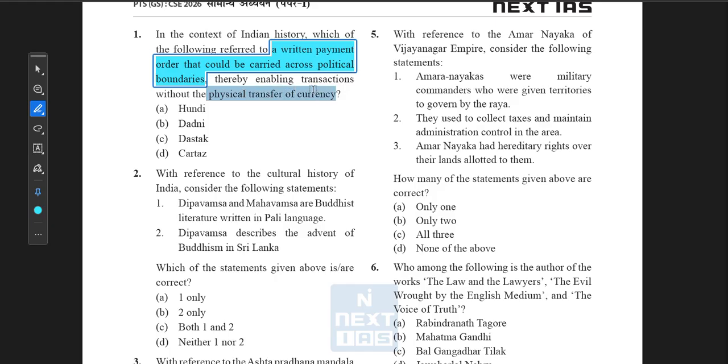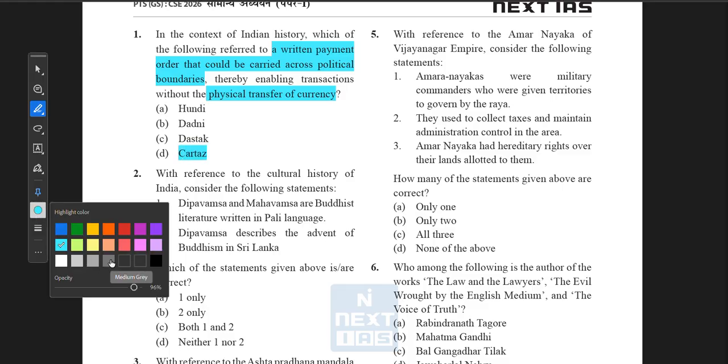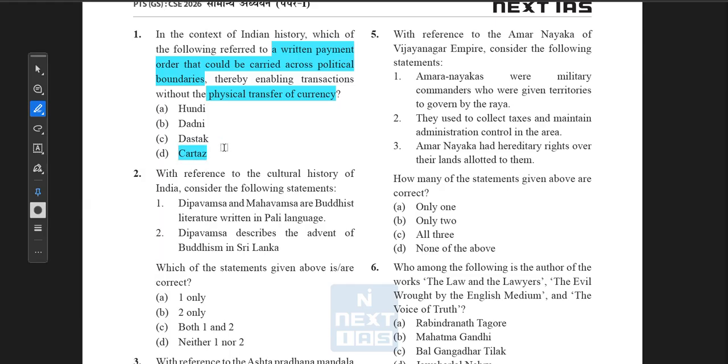So that sort of token system was also prevalent in ancient or medieval times. It was Carthage, no, it was not Carthage. Carthage was the permit system. The permit system was introduced by the Portuguese in India, particularly with respect to the navy.